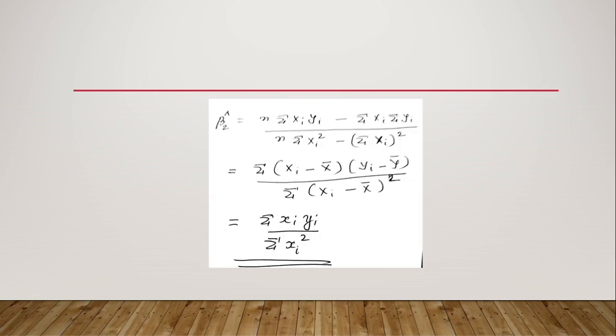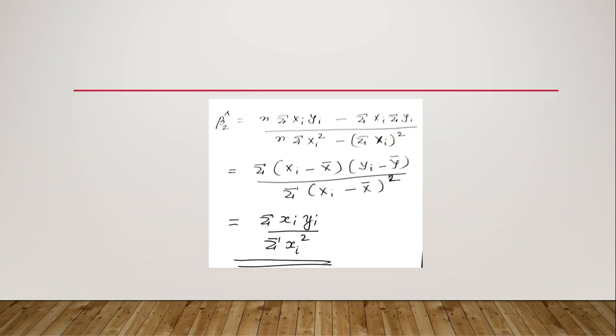In the next step, when we expand that, we get beta 2 hat is equal to n sigma yi xi minus sigma xi into sigma yi, divided by n sigma xi square minus sigma xi the whole square, and this can be written like this.